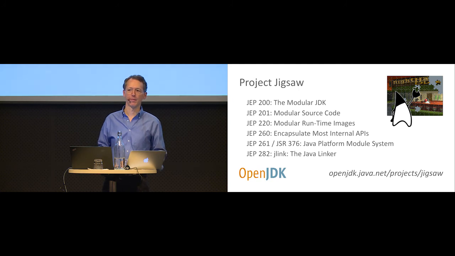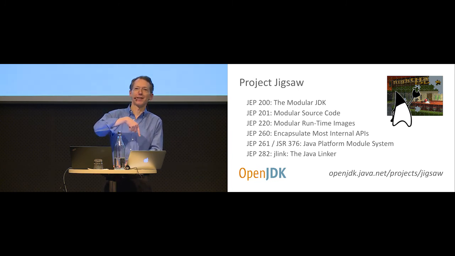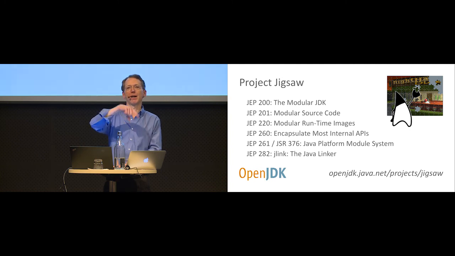They're a key tool for modularizing the JDK itself, or really any legacy code base, because services basically allow you to express what you might have wanted to express with a cyclic dependence, but in a much cleaner and safer way.